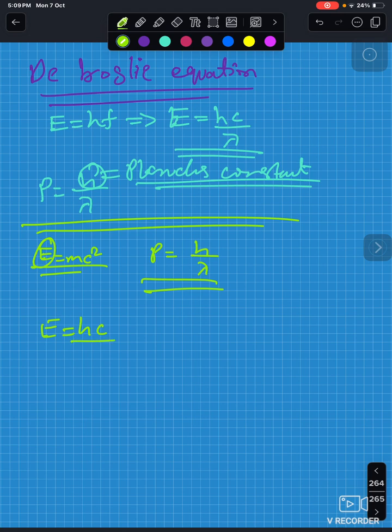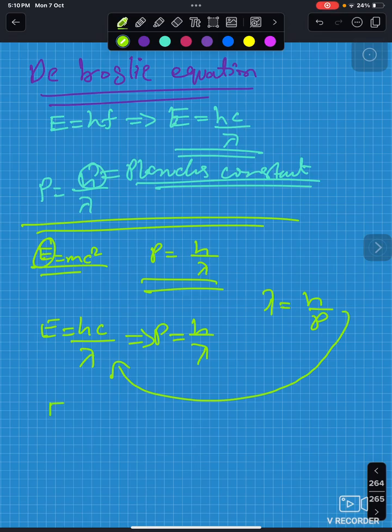I think, yeah, this one, hc over lambda is equal to E and P is h over lambda, and we can replace lambda with h over P. Put this here, we get E equal h times h, oh no, wait, 1 over lambda is equal to P over h.